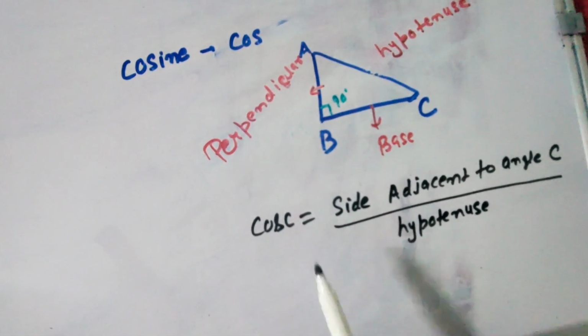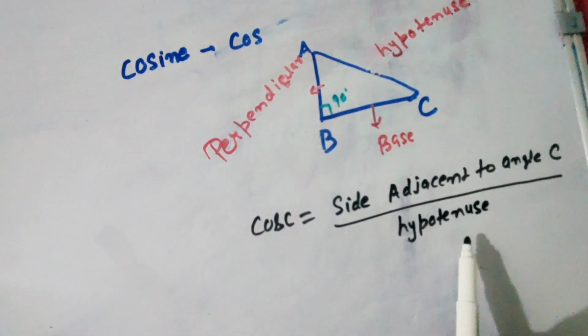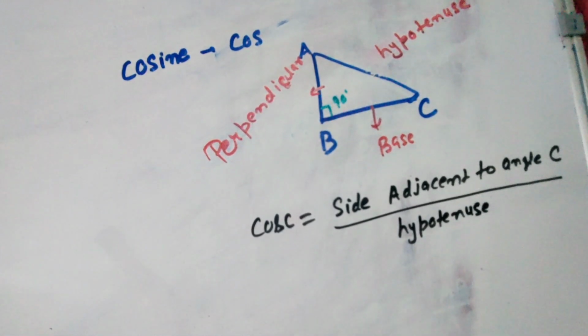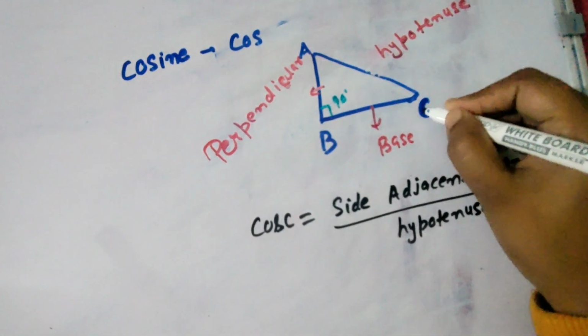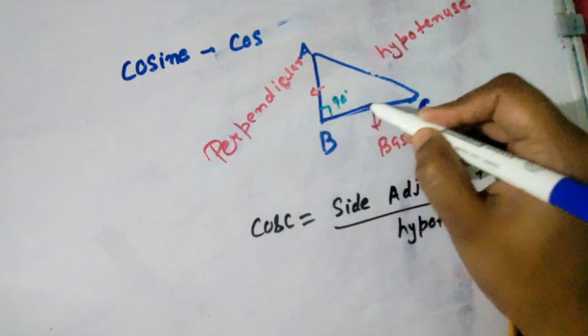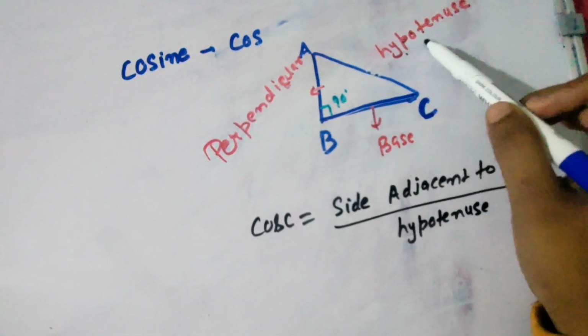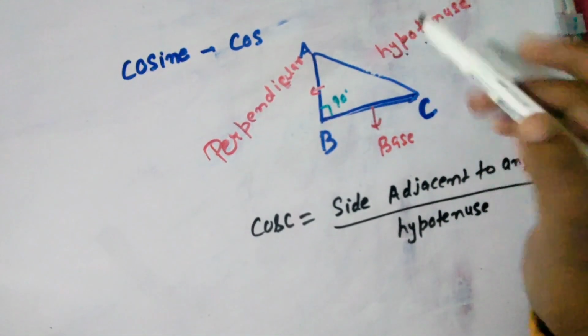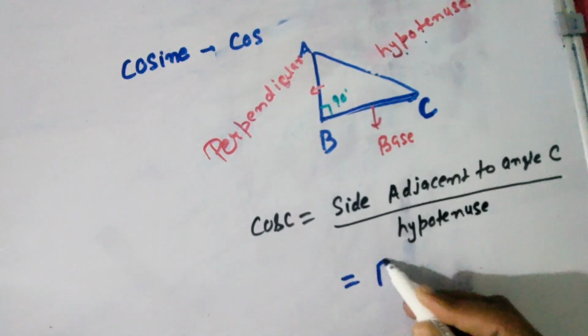Cos ratio is side adjacent to angle C by hypotenuse. Okay, then side adjacent what? I told you, for this C the adjacent sides are BC and AC. But I told you hypotenuse never changes. Then only adjacent is BC, right?